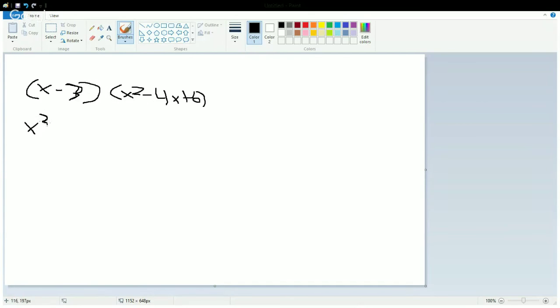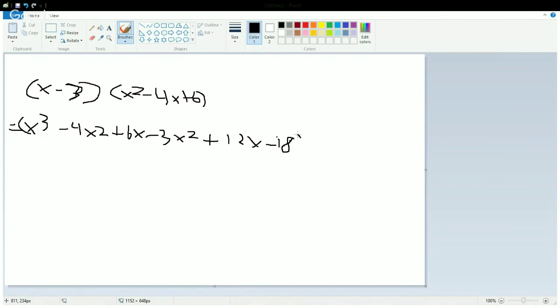So this is going to be x cubed minus 4x squared plus 6x. I'm not done yet, I'm just reciting the terms to myself so I can keep track. Minus 3x squared plus 12x minus 18.